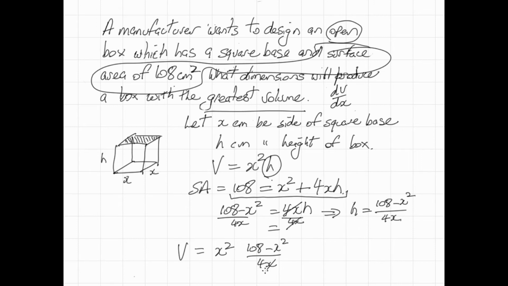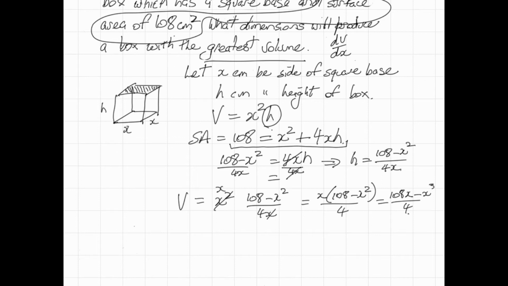That x is connected to the 4 by a multiplier, so I can indeed cancel. x into x squared just goes x, and so we get x outside of 108 minus x squared all over 4. Probably we should remove brackets and we get 108x minus x cubed all over 4. Okay.